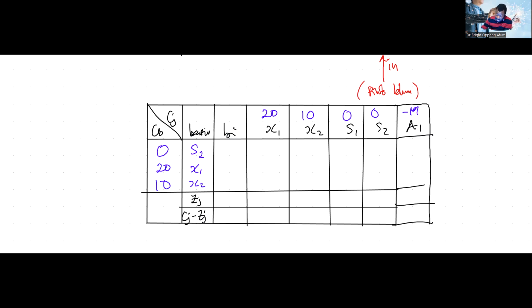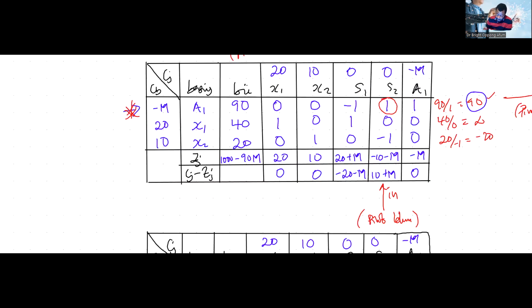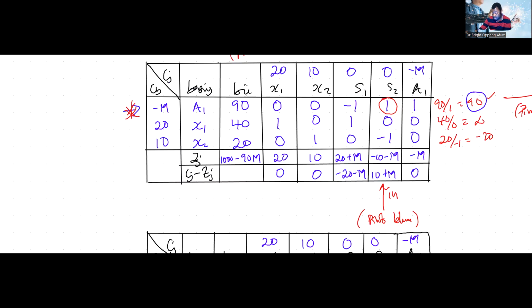And now the bi, we calculated 90 here, right? So you bring that here, 90, or you look at the pivot number and you divide everything by the pivot number.